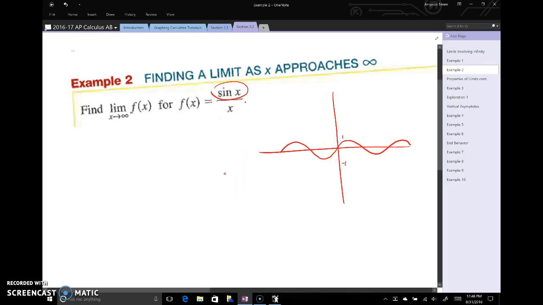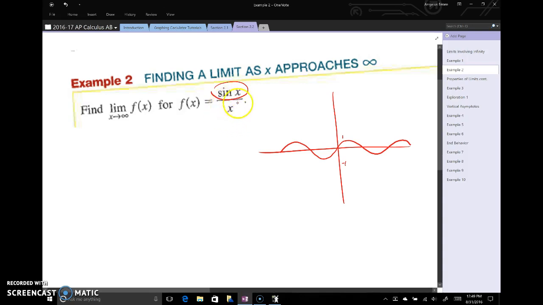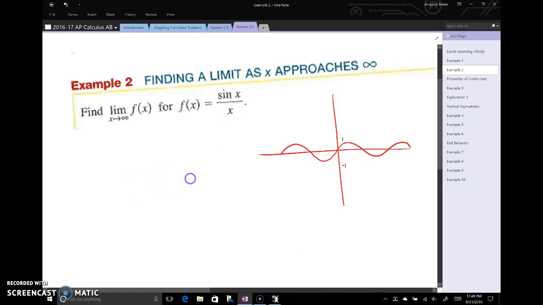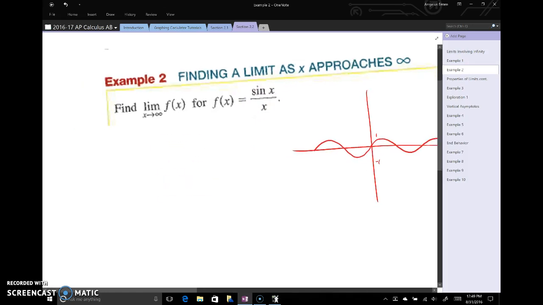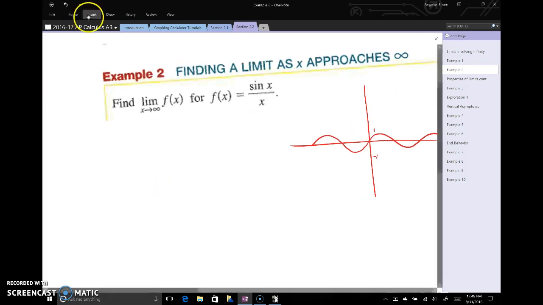So it doesn't have a horizontal asymptote or anything like that. And then we're dividing by x, which is just getting larger and larger and larger. This is another example where the sandwich theorem will help us. So let's go through that.